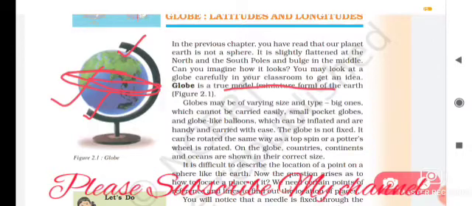Globe size may vary, big ones that cannot be carried, and small ones that are easily carried. But one thing is very difficult for us: to locate a location on the globe.